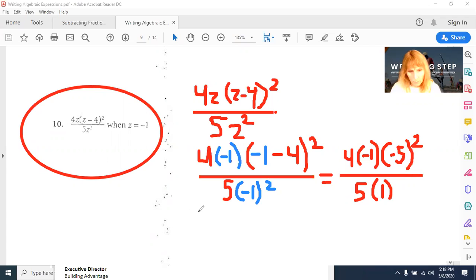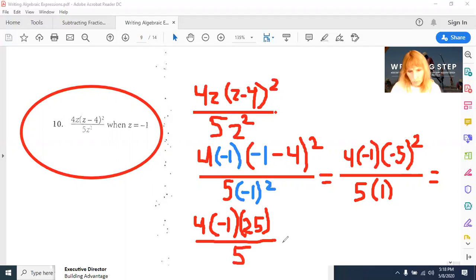So that's going to equal 4 times -1. And then what is -5 squared? -5 times -5, +25, right? So now we have to multiply all of those things together on top. And on the bottom, we just have 5 times 1, or 5.